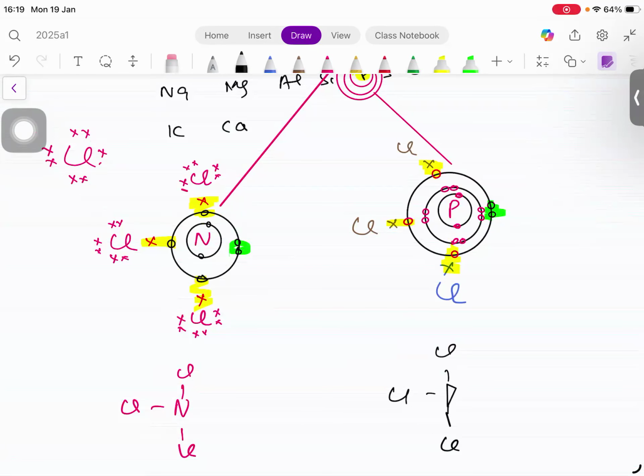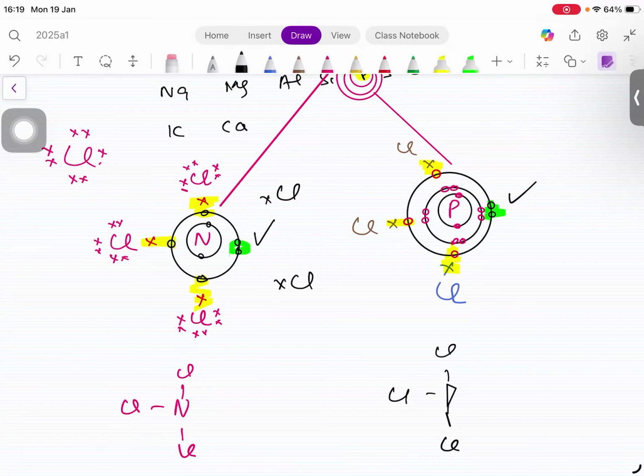Can you see the lone pair of electrons in both of these, nitrogen and phosphorus? If an atom of nitrogen wants to use these electrons to go into bonding with any other atom, or with two more atoms of chlorine, for example, the nitrogen cannot, even if it wants to. Why? Because nitrogen has got stability as it has adopted the shape of a noble gas.